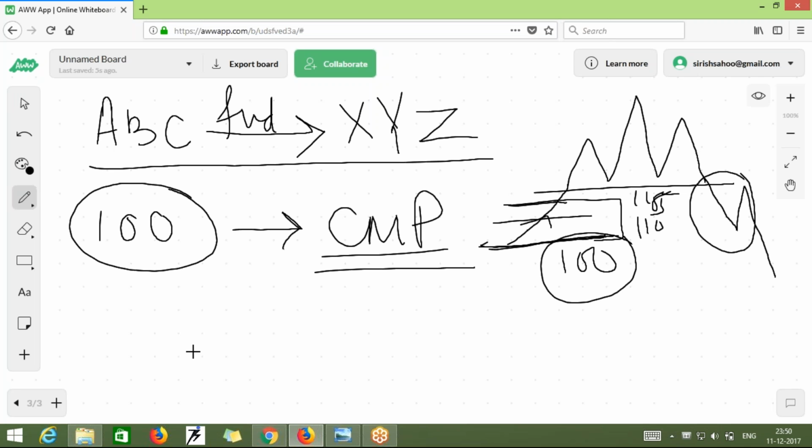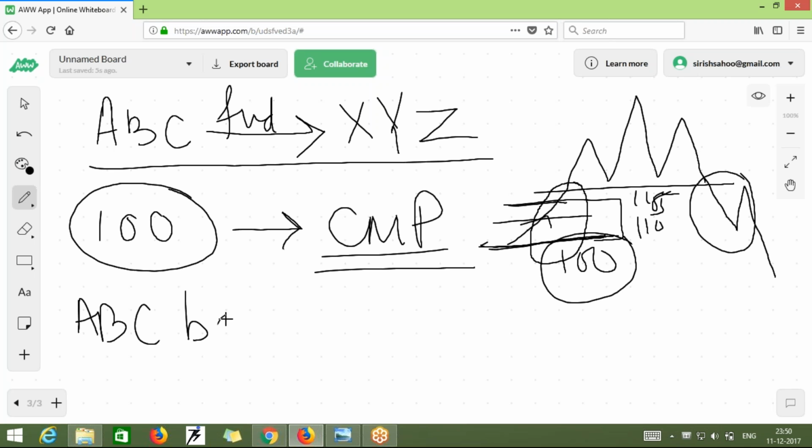As soon as he has acquired the desired amount, he would sit back and wait. So at these levels, he has acquired his desired stocks. Desired stocks in this sense means desired amount. Let's make it clear.